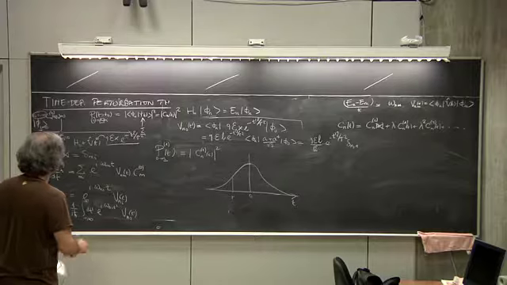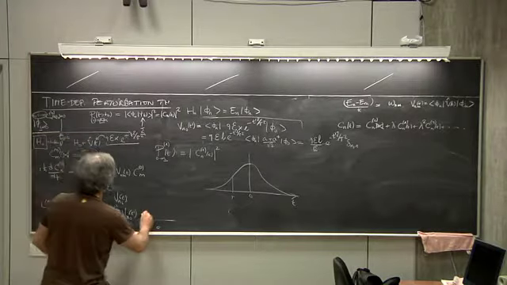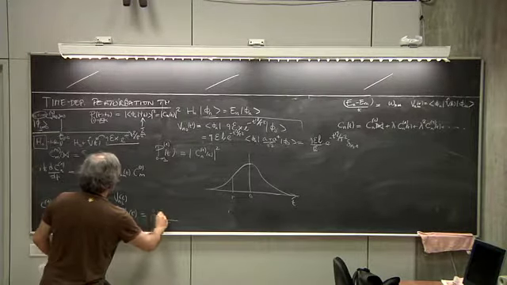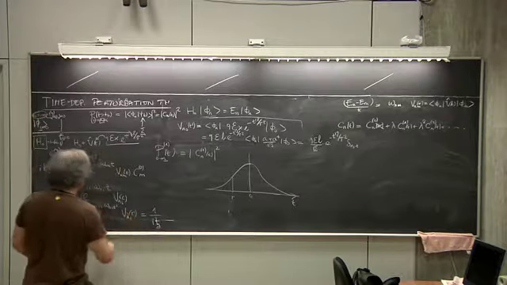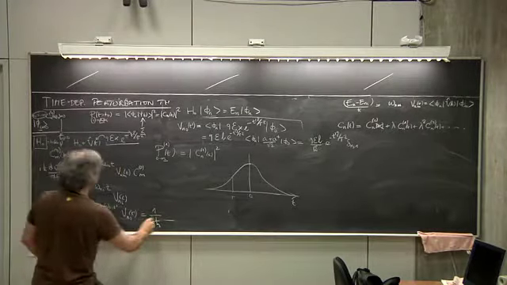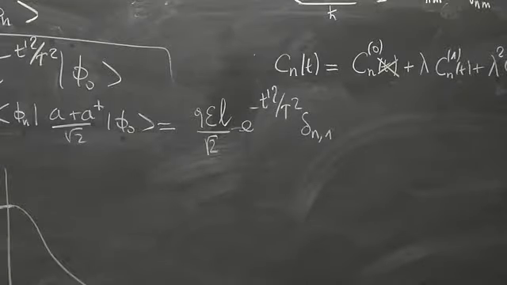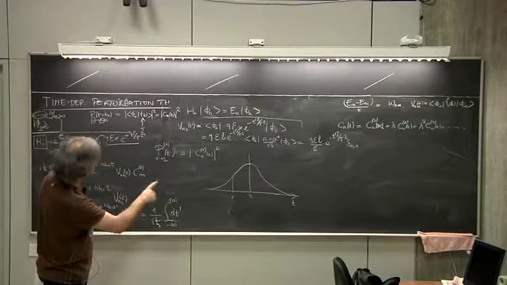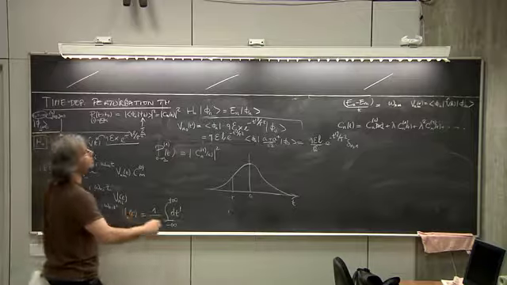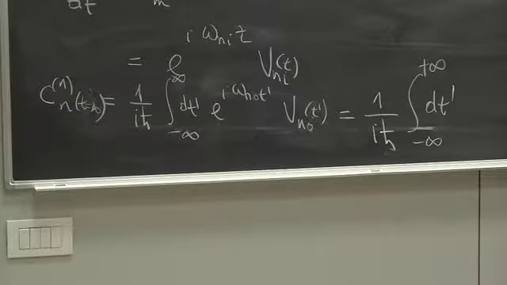So let us calculate here the result. I have 1 over i h bar. Then I have the integral from minus infinity to plus infinity in t prime. This is n and 0, but I really only need n equal 1. Omega 1,0. Omega 1,0 means E1 minus E0 over h bar.